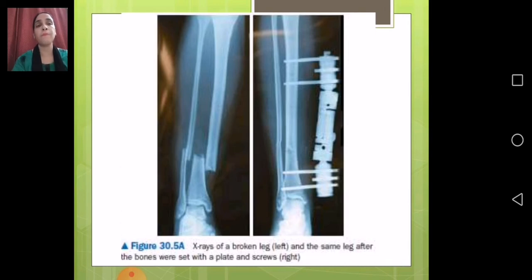In the first picture you can see that the bone is destroyed here, and that part will be cured by this.